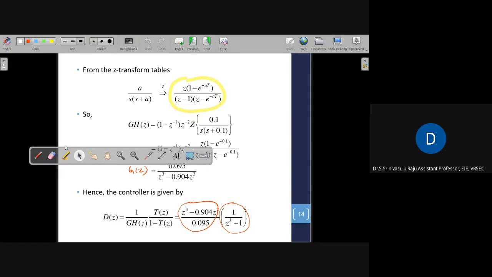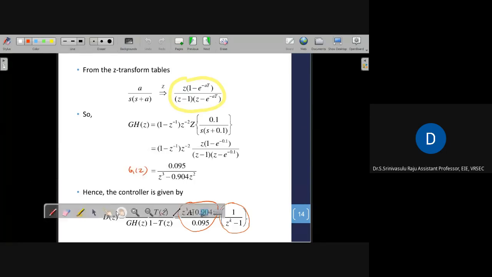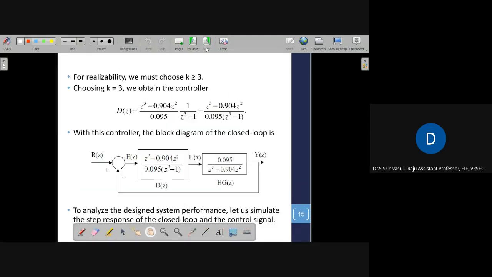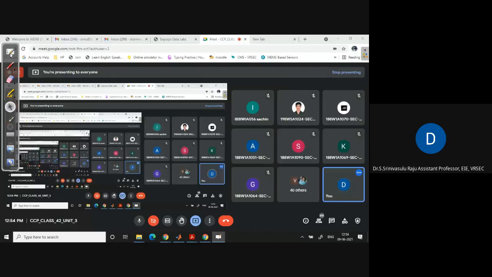So K should be at least 3, which means the minimum value is 3. So we assume K is equal to 3. Now we substitute K equal to 3 here. This is my D of Z controller.